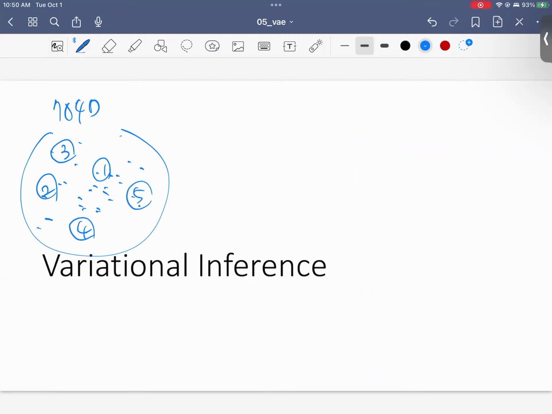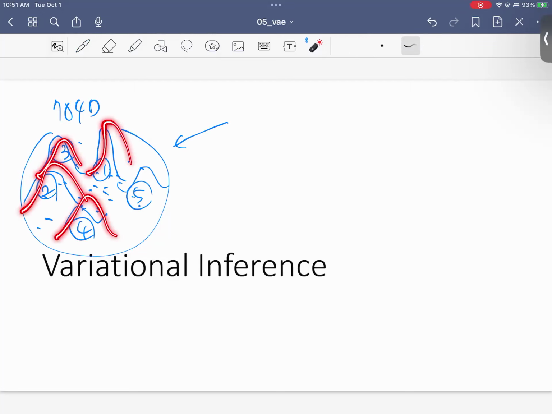And then there will be some distribution over these, like this is a three, and then one, and five, and four. There will be distributions of data, right? And what you want in all the generative models, like GANs or VAEs or autoregressive models, is to approximate this true distribution, the probability density.